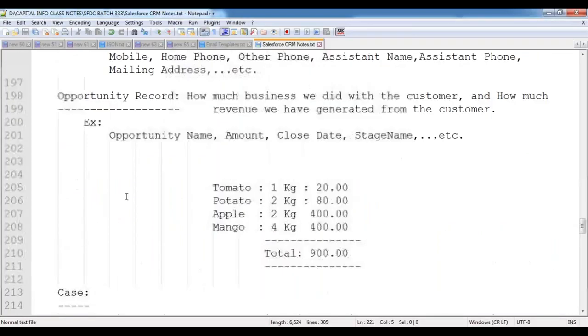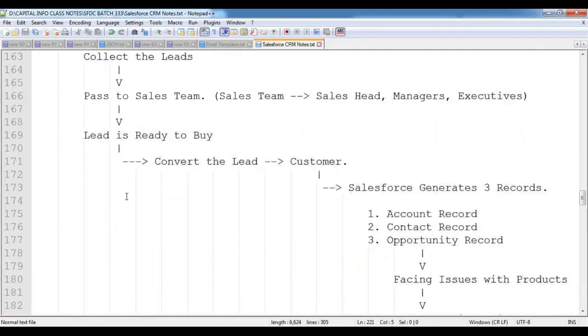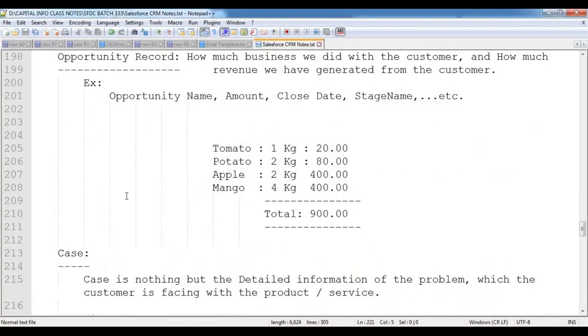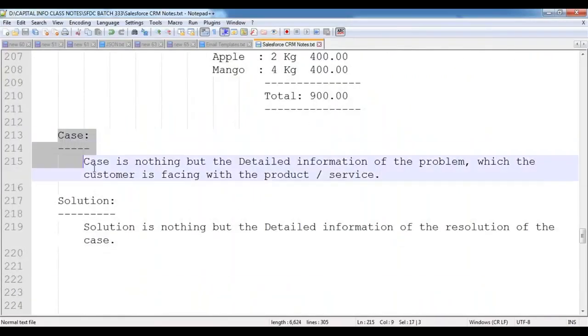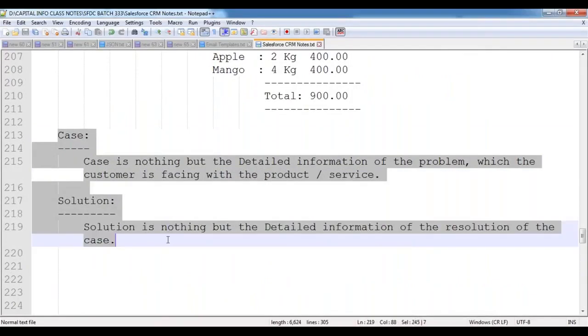So this is the complete CRM life cycle. We have the marketing process, the sales process, and the service process. As part of the service process, we receive the complaints or cases from the customer side, and we provide the solutions.